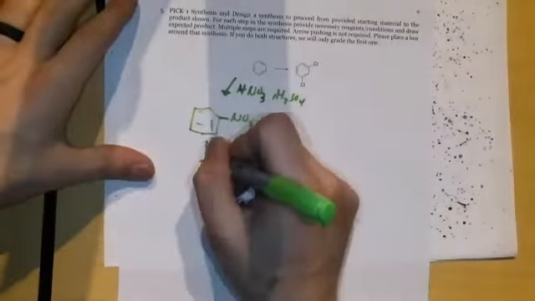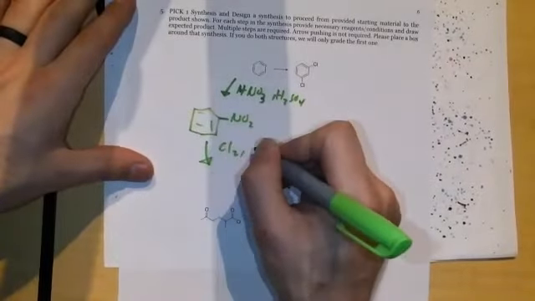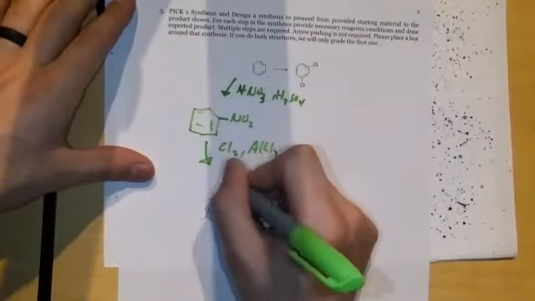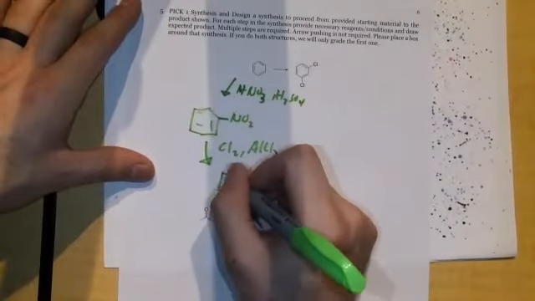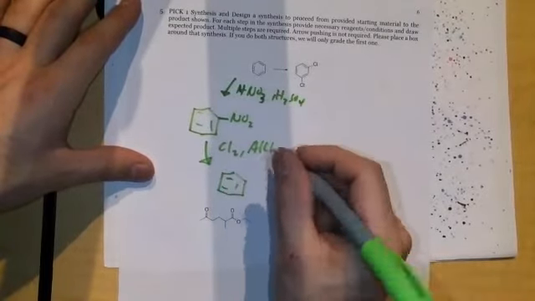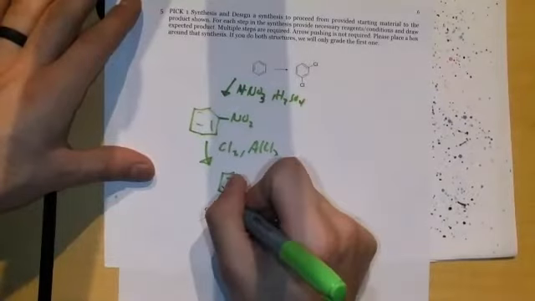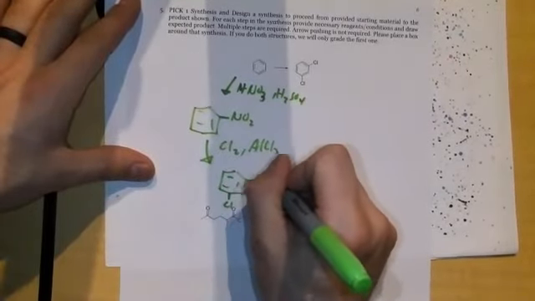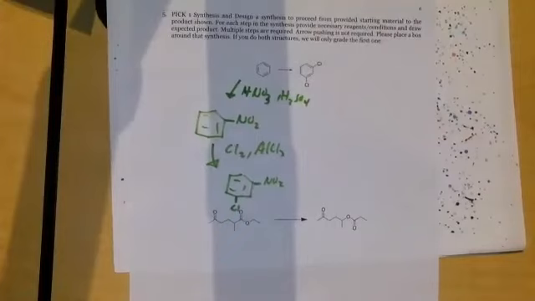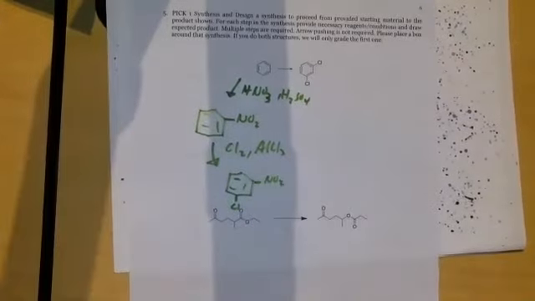This is a meta director, and we can now throw in Cl2, AlCl3. We've got the structure we want for our final product. We just need to transform NO2 into a Cl.